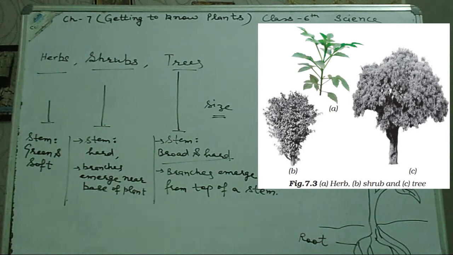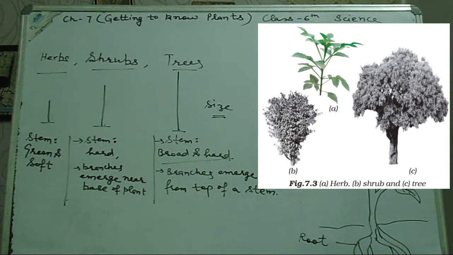You have observed its stem, it's green as well as soft. So it is the identity of a herb, whose stem is green as well as soft, and which plant is very small in size. All those are categorized in the category of herbs.